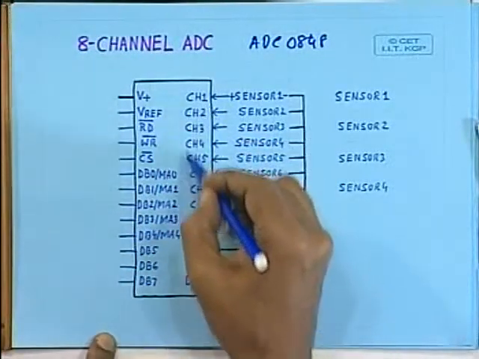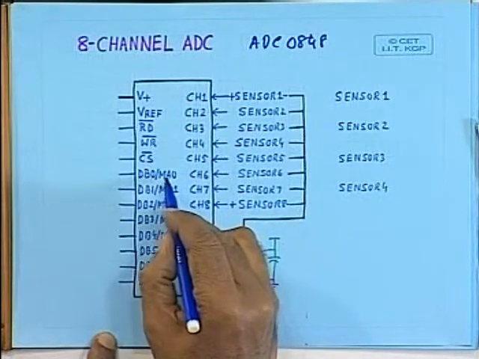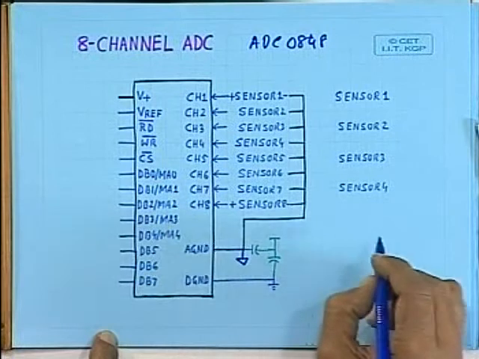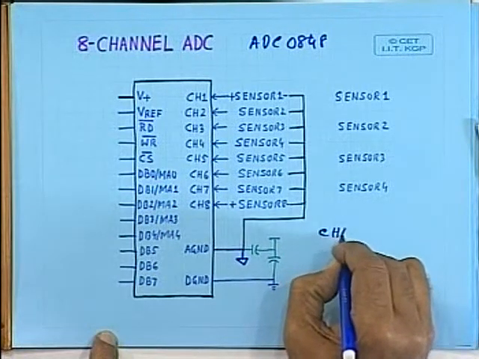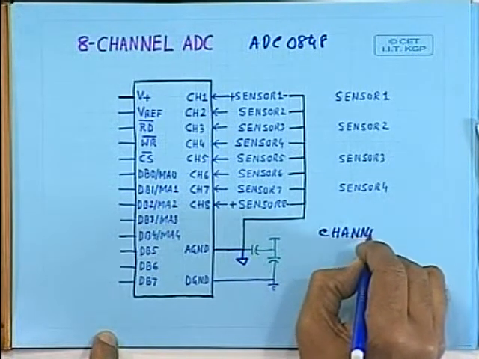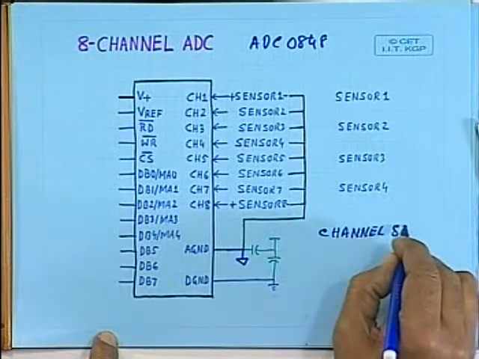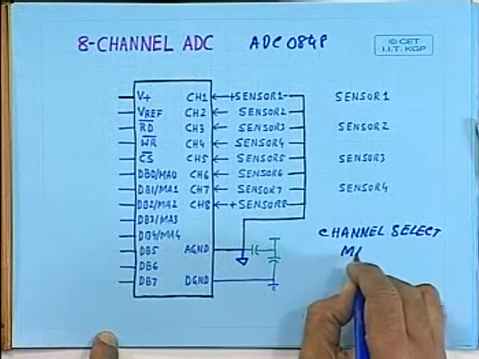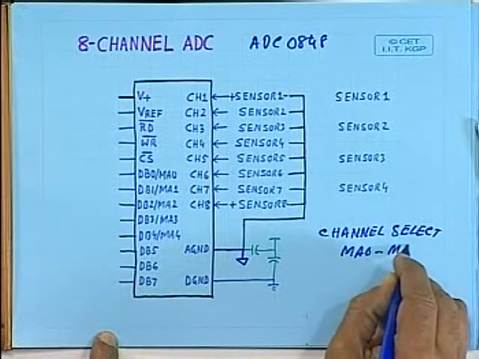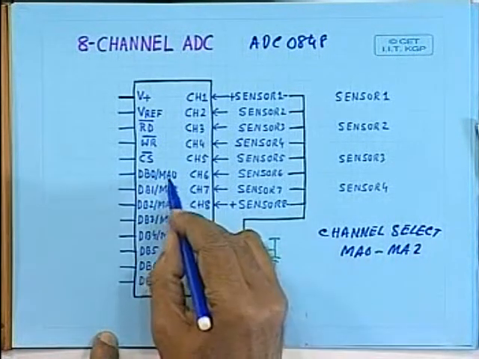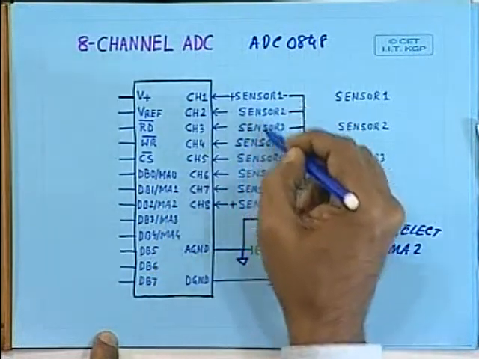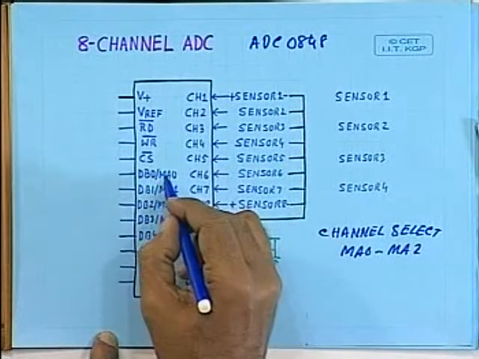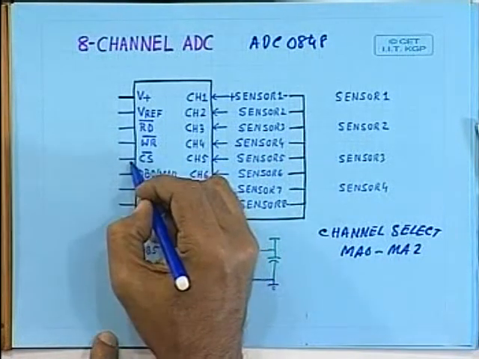So, this channel selection is done with the help of these MA0 to MA2 lines. That means channel select can be done with the help of MA0 to MA2. 3 signals are sufficient because you have got 8 inputs, and this is sensed whenever you activate chip select and write.